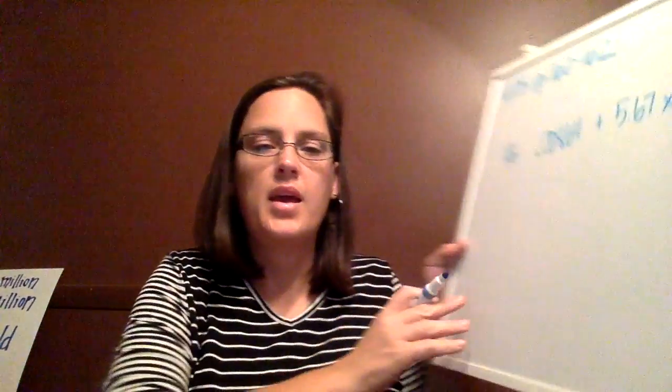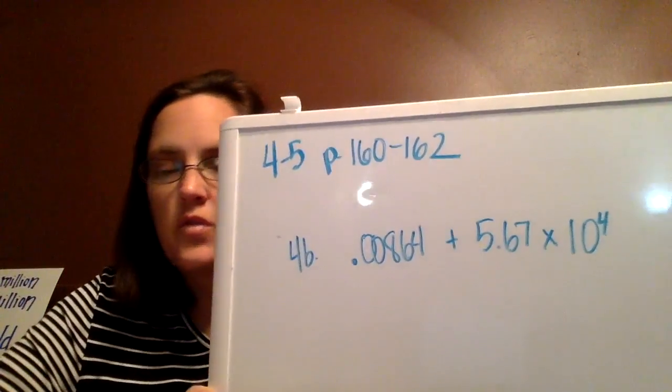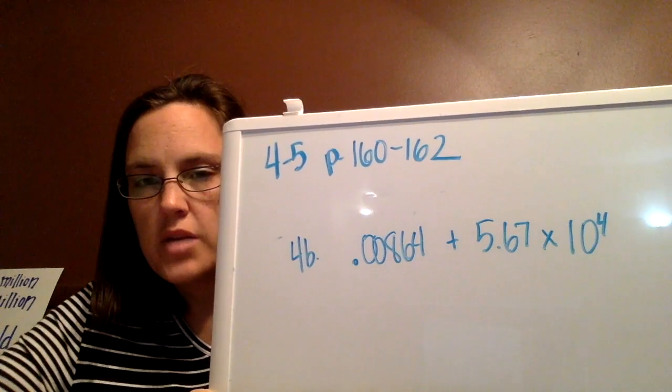Okay, so the next example and the last example that we're going to do is 4b. Go ahead and write that down on page 162. 4b is 0.00864 plus 5.67 times 10 to the 4th. Okay, so in these problems, we first of all have to make sure they're both in scientific notation.